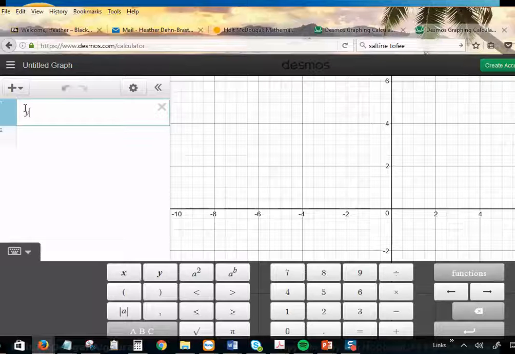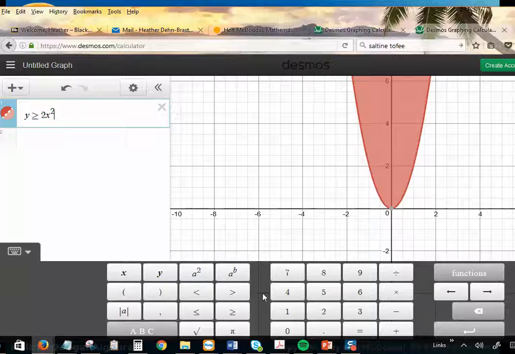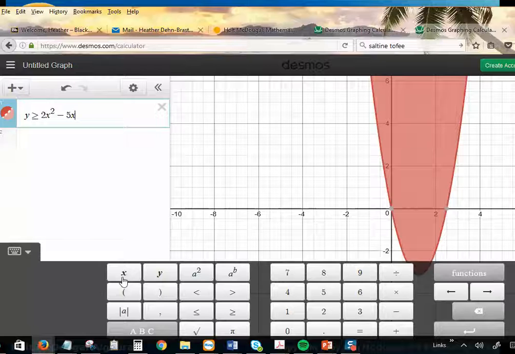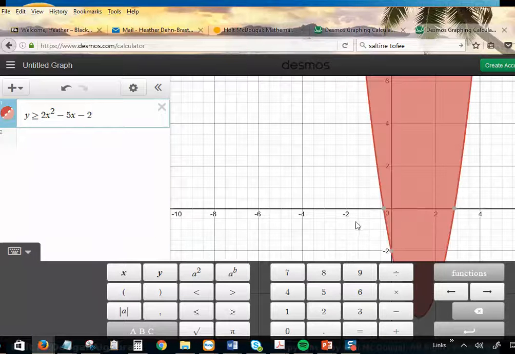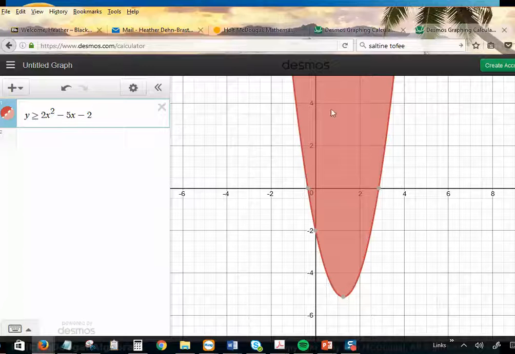So my inequality I had written down is y is greater than or equal, pick that out of your table here, to 2x squared minus 5x minus 2. And we see that it has shaded the correct amount, the correct part above it.